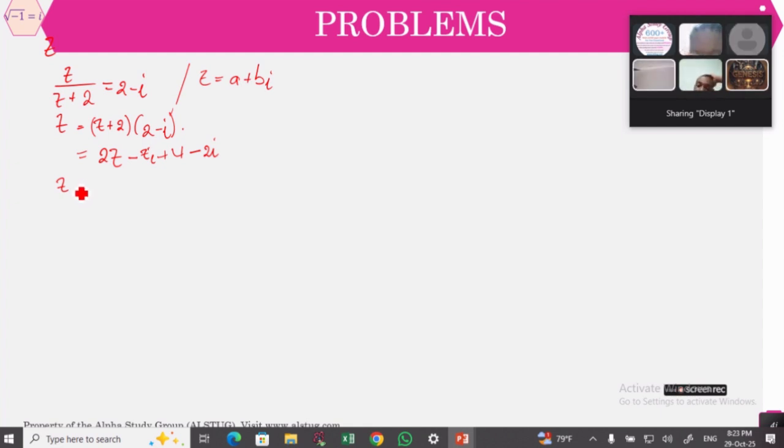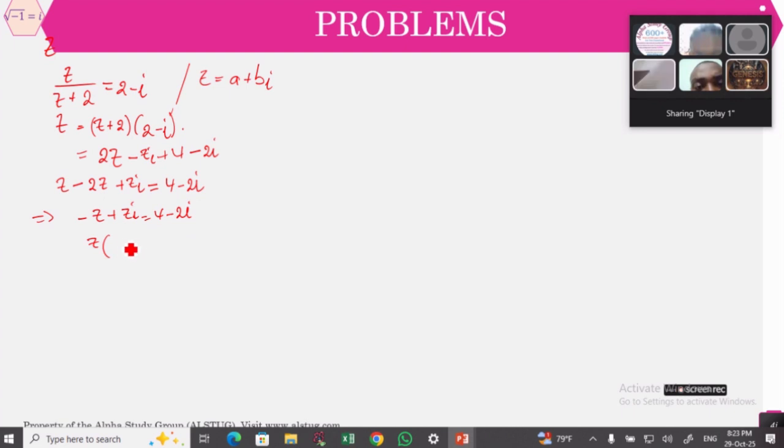We get z minus 2z plus zi equals 4 minus 2i, which implies z minus 2z gives negative z, plus zi equals 4 minus 2i.